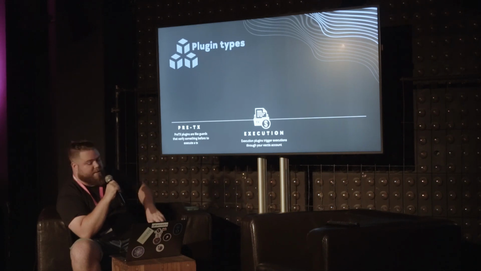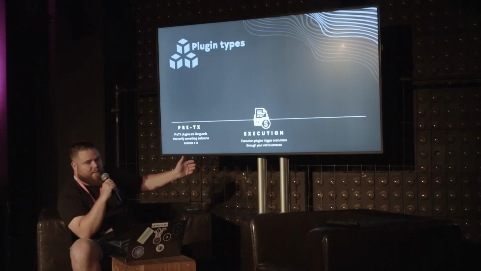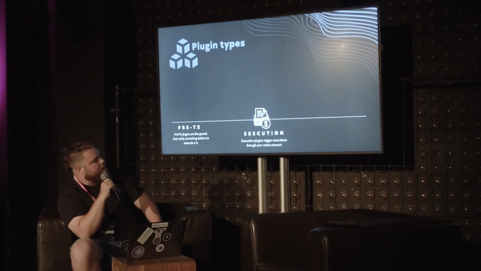Another one is the pre-transaction plugin. It's like a guard, it verifies something before executing a transaction. So, in the example of spending limit, it checks that you didn't overpass the limit. If you overpass that limit, it aborts the transaction, so the transaction is not executed.